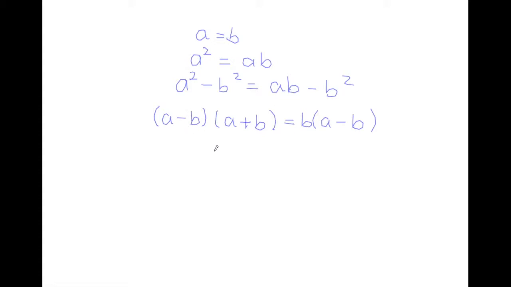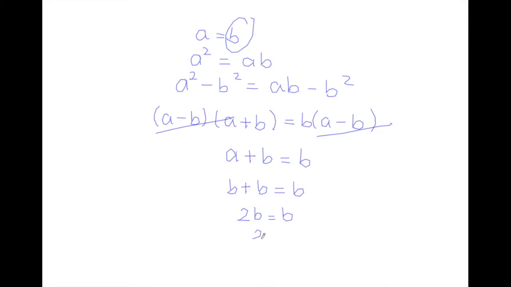Now we can cancel both sides by a minus b, and we'll get a plus b equal to b. The next step is to substitute b for a on the left-hand side. So you get b plus b equals b. Combining like terms on the left-hand side will give you 2b equals b. Then when we divide through by b, we get 2 equals 1.